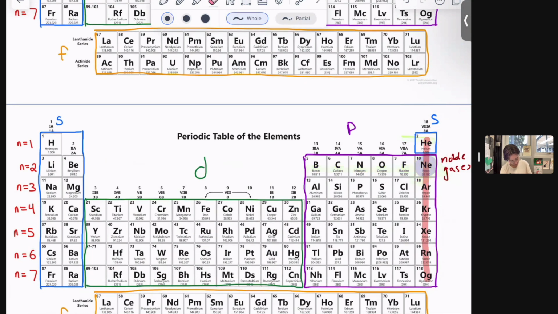So if I want to do chlorine, and again, I'm going to look for my goal. So my goal here is chlorine, and I'm going to pick the noble gas that comes before it. So the one that comes before it is going to be neon. Do you see that? So the one before chlorine on the periodic table.